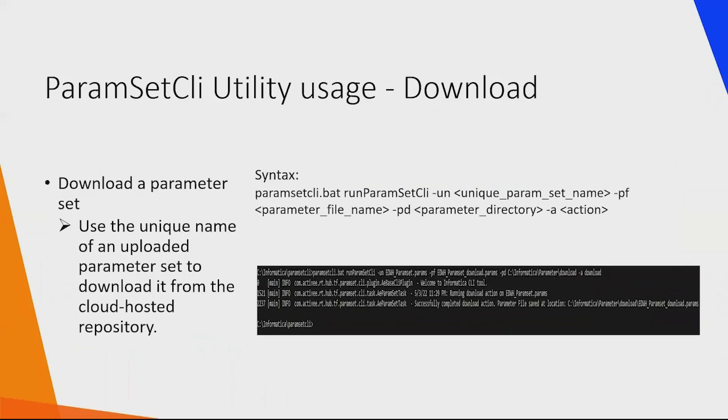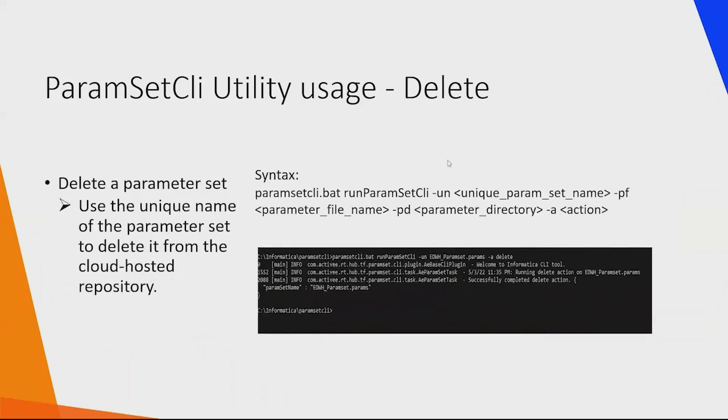So using this download option, you can download that file, and every parameter set has to be uploaded with a unique name. And this is the syntax to download the parameter set.